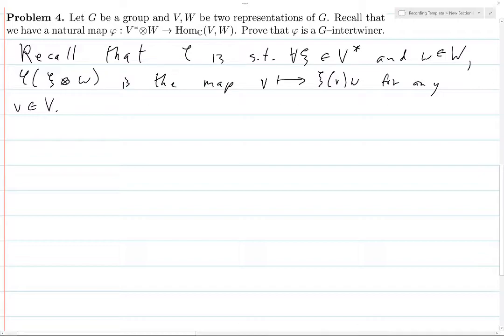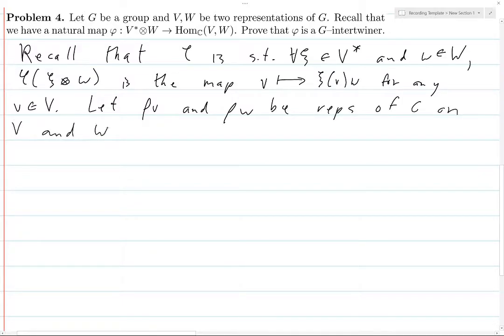Okay, so we have that. All right, so let rho V and rho W be representations of G on V and W, respectively. I like to write out these rhos explicitly, so that's why I'm doing that.